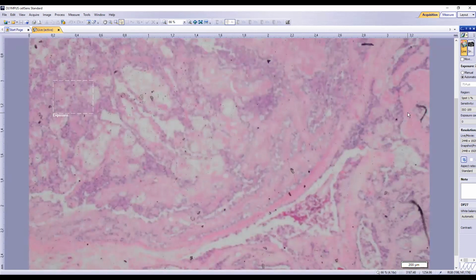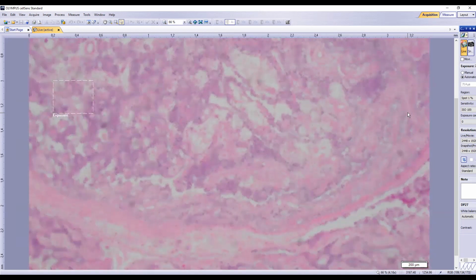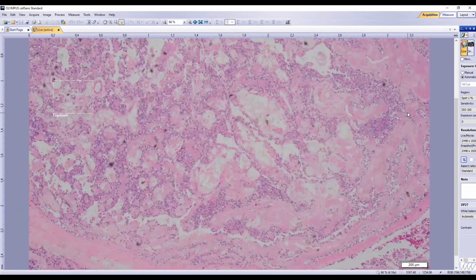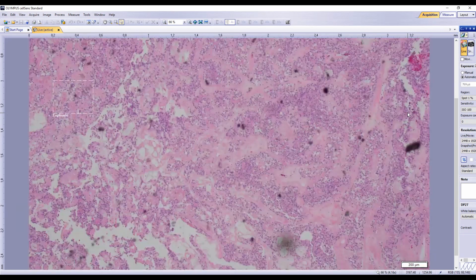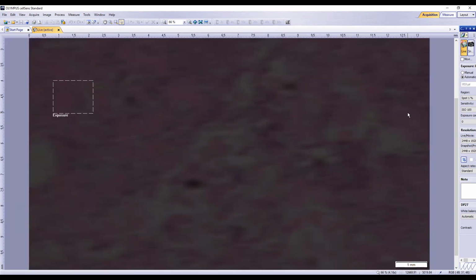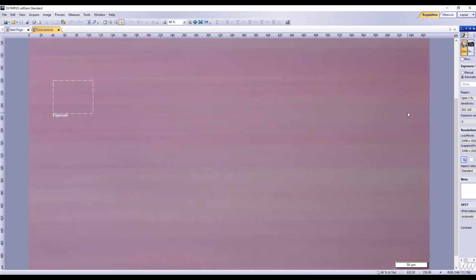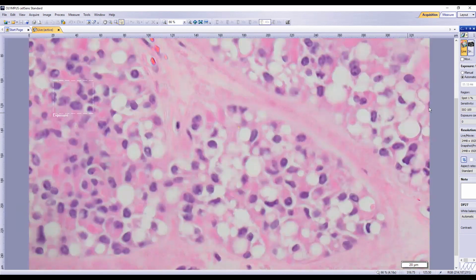And this next one is a 40-year-old female with a 7-centimeter solid and cystic lesion in the tail of the pancreas. You can already see from low power that it's a cystic lesion. I'll go closely. Go higher.